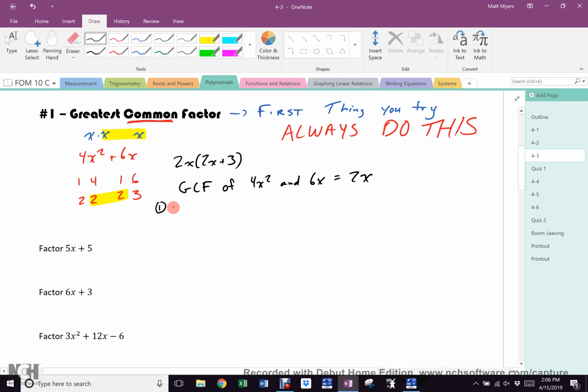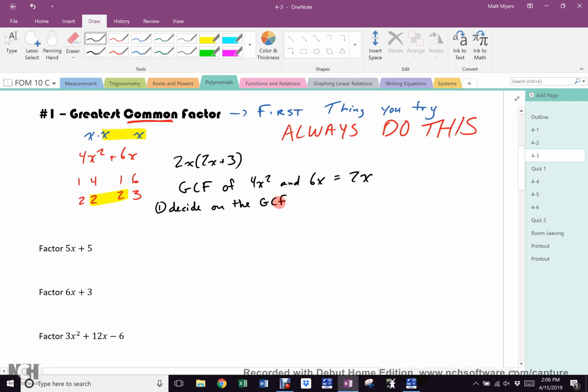Step 1 is decide on the GCF, which we have just done. Everybody cool? Now, since we are factoring, what math must we be doing? Dividing, because we're reversing the multiplying, yes?